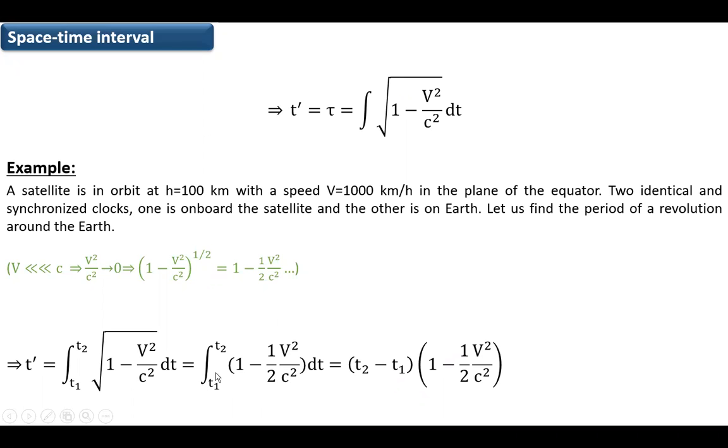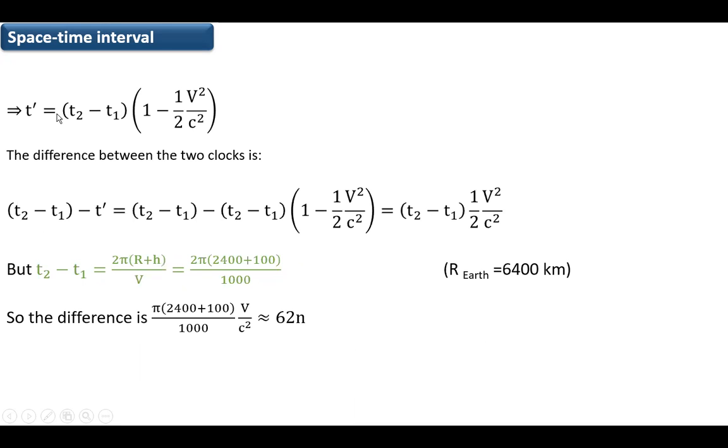So it's the integral between t1 and t2 of dt, which is t2 minus t1. t2 minus t1 is the time measured on Earth by the clock that was kept on Earth. So this is delta t as measured on the frame Earth. This entire equation is the time measured on the satellite, which is t prime. So t prime is equal to t2 minus t1 times 1 minus half v squared over c squared.